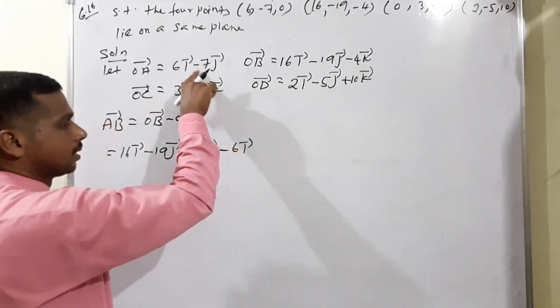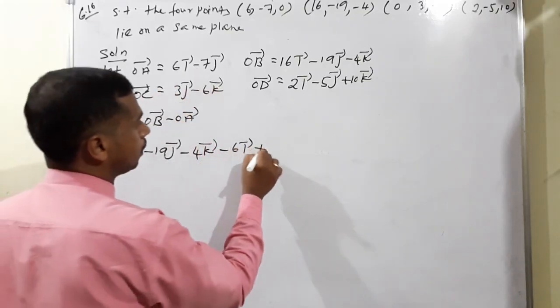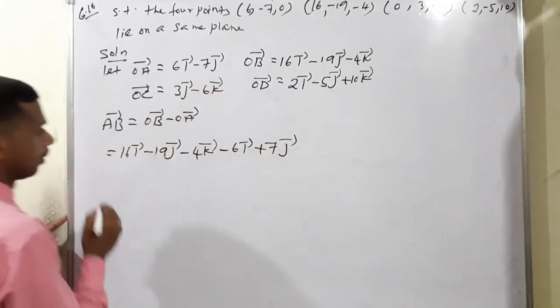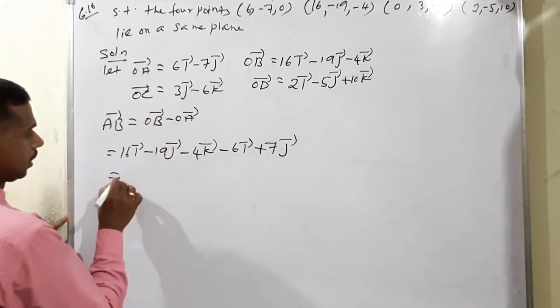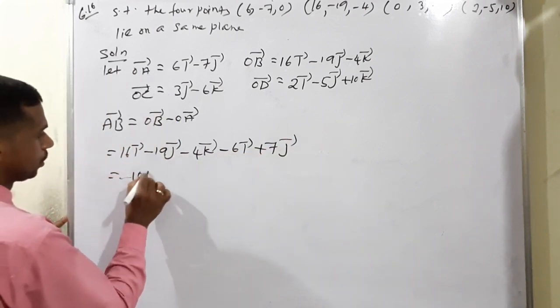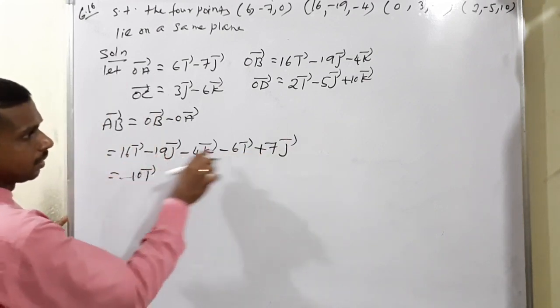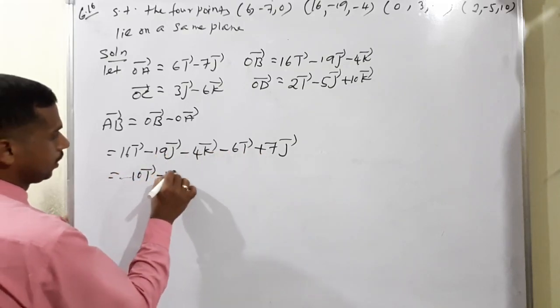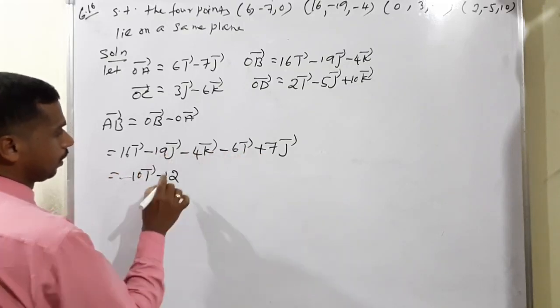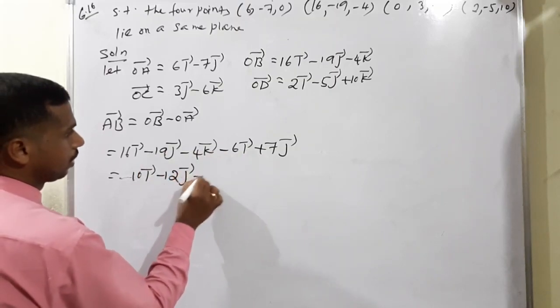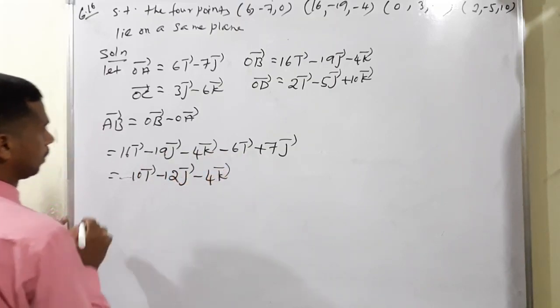Already minus sign is there. Therefore, minus into minus plus 7j vector. 16 minus 6 positive, isn't it? So 10i vector minus 19 plus 7. Therefore, minus 12j vector. Then minus 4k vector.